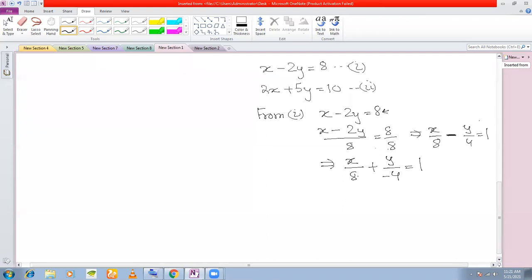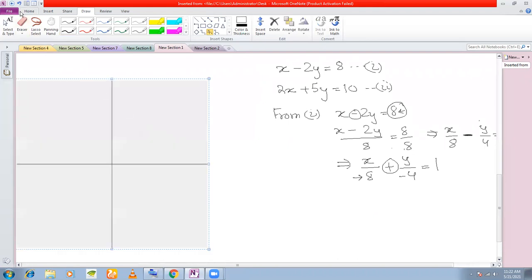Now, once we have converted this 8 to a 1, and once we have converted this minus sign to a plus sign here, now see below x, what do I have? A plus 8, right? So now it will be very convenient for us to draw the straight line. See how?